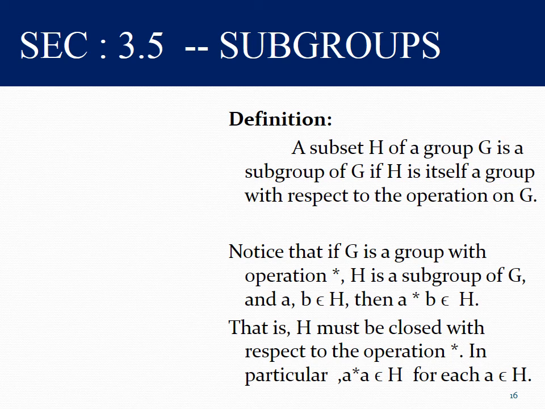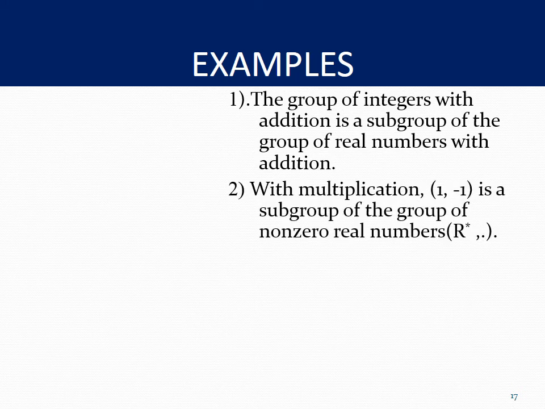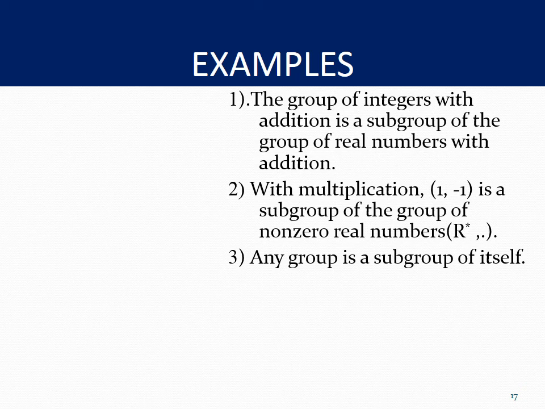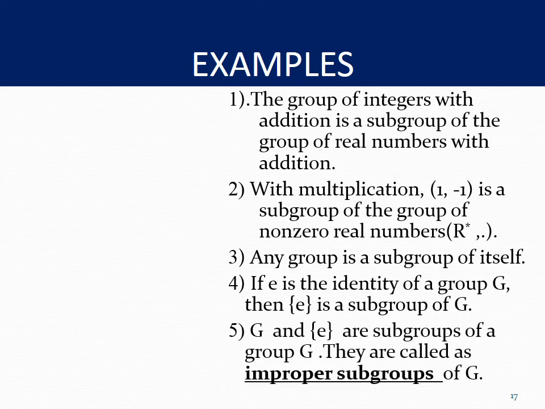A subset H of a group G is a subgroup of G if H itself is a group with respect to the same binary operation on G. Example: the group of integers with addition is a subgroup of the group of real numbers with addition. {1, -1} is a subgroup under multiplication of the group of non-zero real numbers (R*, ·). Any group is a subgroup of itself. If e is the identity of the group G, then the singleton set {e} is a subgroup of G.